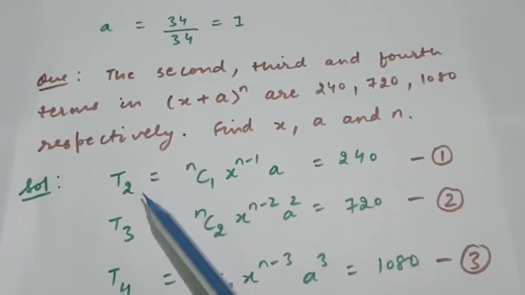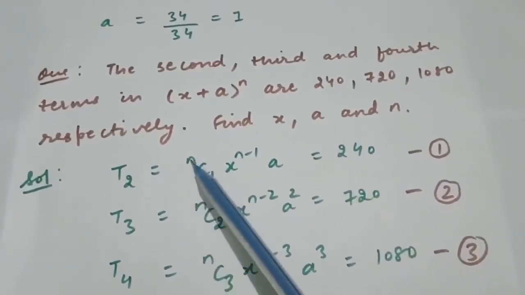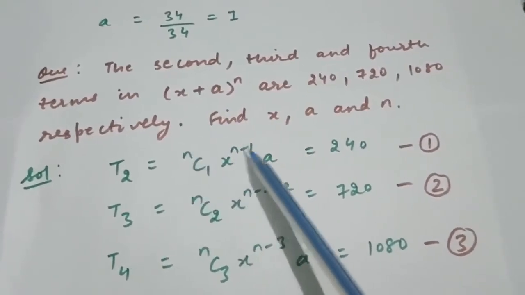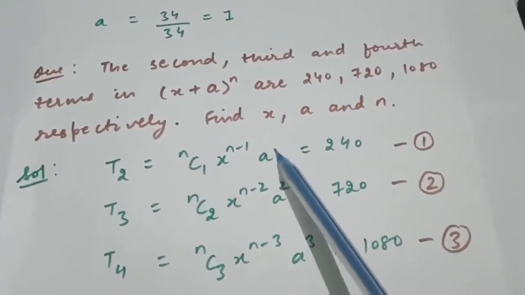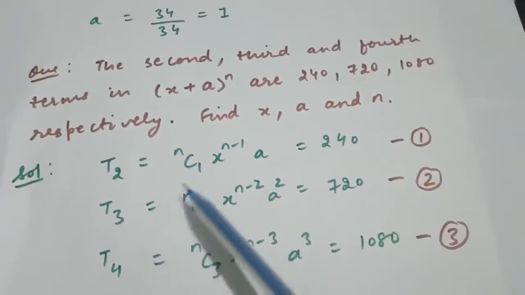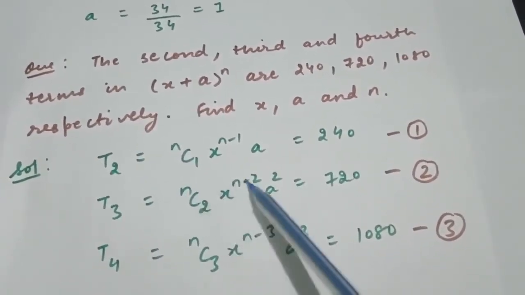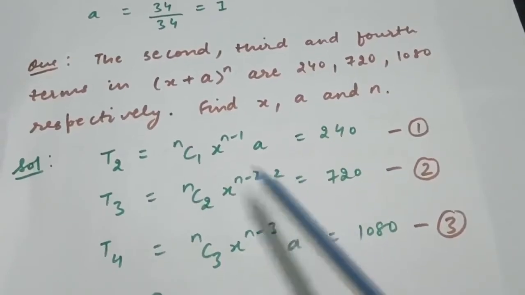So the second term is T2, which will be nC1 * x^(n-1) * A^1. T3 will be nC2 * x^(n-2) * A^2.